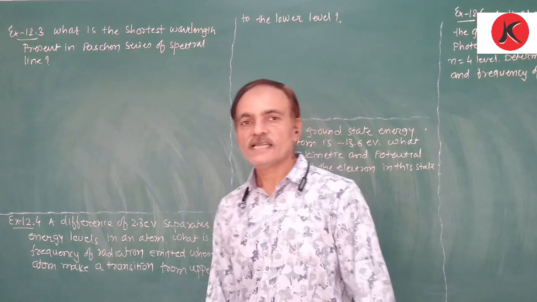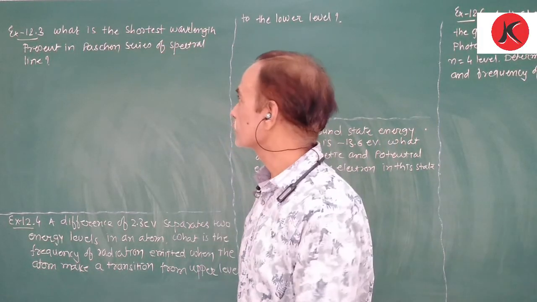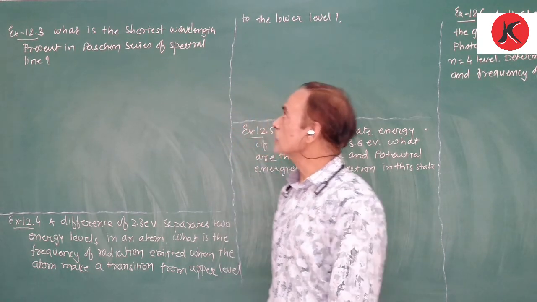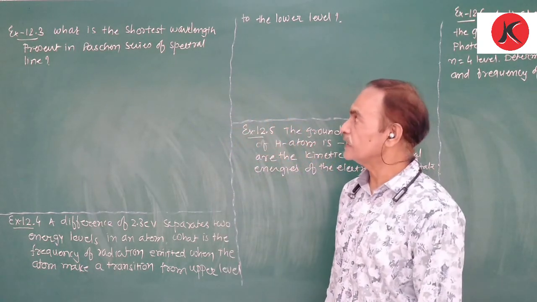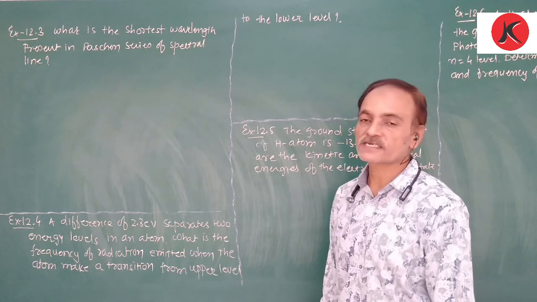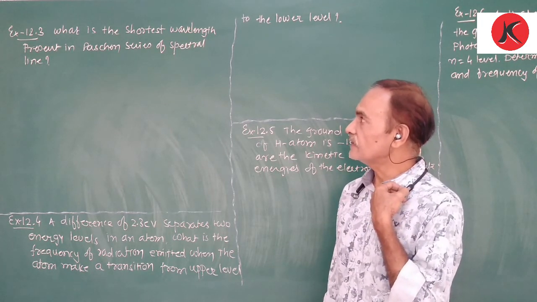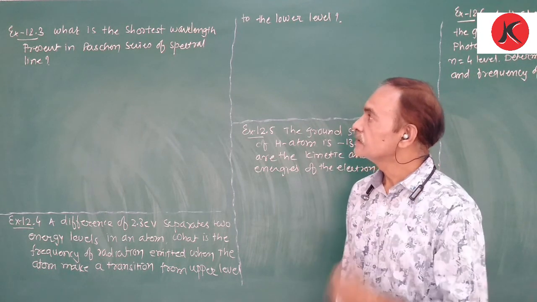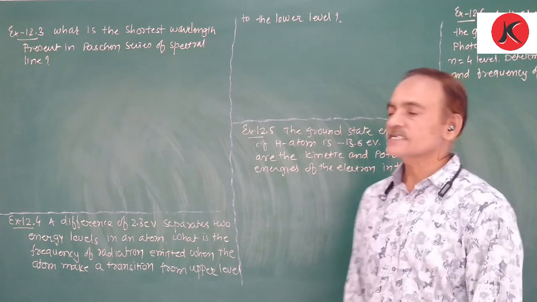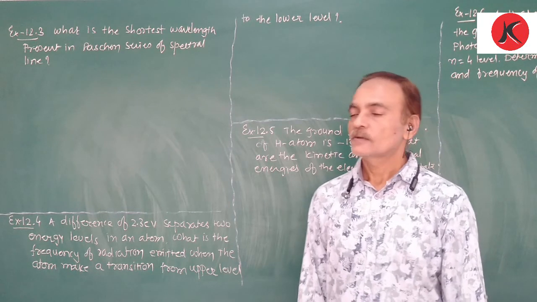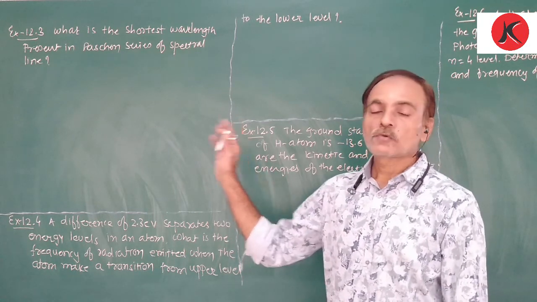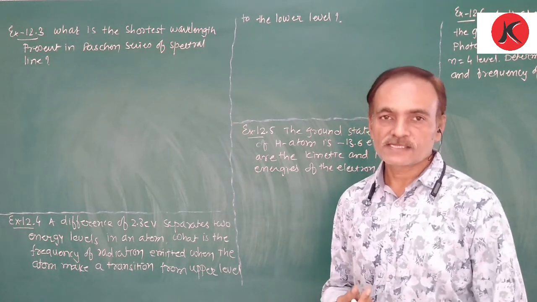Now friends, the next numerical is 12.3. The question is: what is the shortest wavelength present in the Paschen series spectral line? For that purpose, what is the general equation of the wavelength?